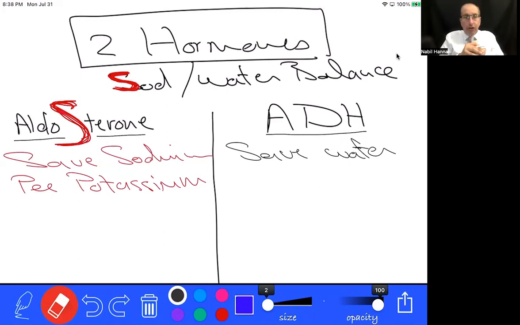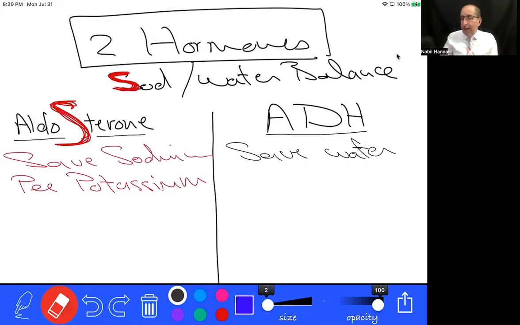So when aldosterone saves sodium, what is going to happen to water? Wherever sodium goes, water follows. So when aldosterone gives the order to the kidney tubules, don't get rid of sodium, reabsorb it, take sodium back to the blood, what is going to happen to water? It's going to follow sodium back to the blood.